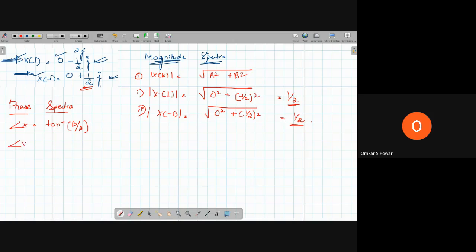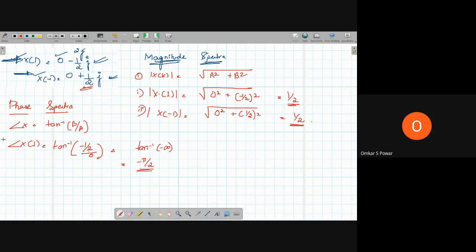So let us calculate first the angle of x of 1, which is equal to tan inverse of b by a. What is our value of b? Minus half. What is your value of a? 0. So this will be equal to tan inverse of minus infinity, which is equal to minus pi by 2.